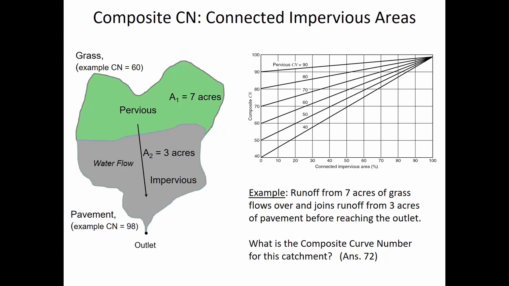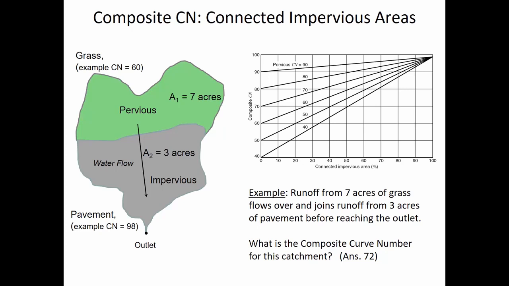And for each one of these, for the pervious, we need to know the area times curve number of the pervious, and then the impervious is going to be its relative area times the curve number of the impervious. So this table combines all this together. It's saying for the impervious, let's assume about 100 for the impervious curve number. And so we have to define these three other things. We have to define the relative areas of the pervious and the impervious, and then also the curve number of the pervious.